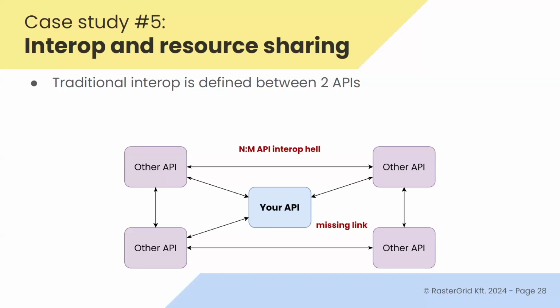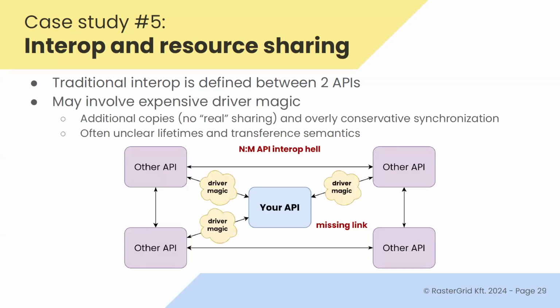All of the APIs that you want to work together have to define all their connections with all the other APIs, and then you have just one missing link, and you have to jump through hoops to even be able to share any sort of data with another API. The other thing is that it may involve expensive driver magic.